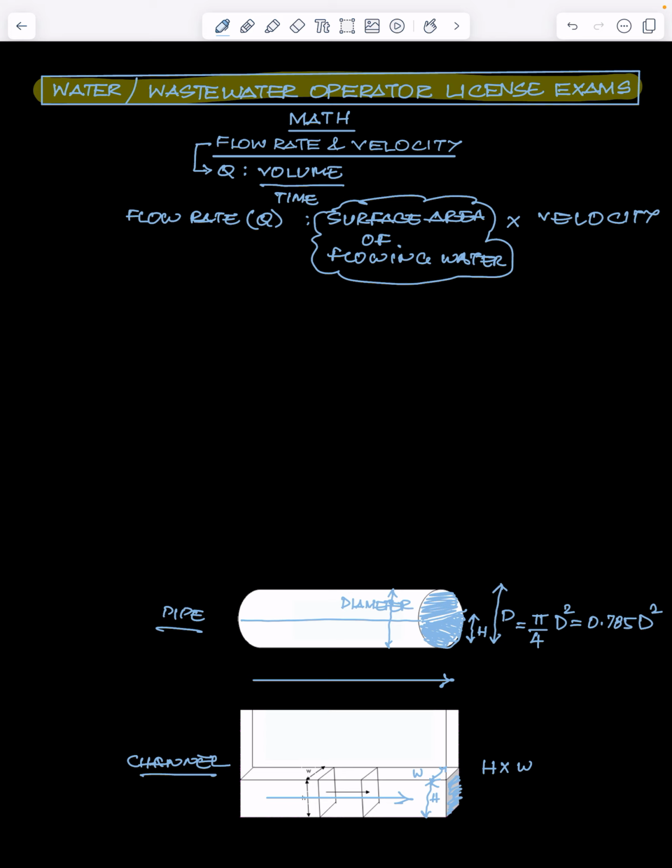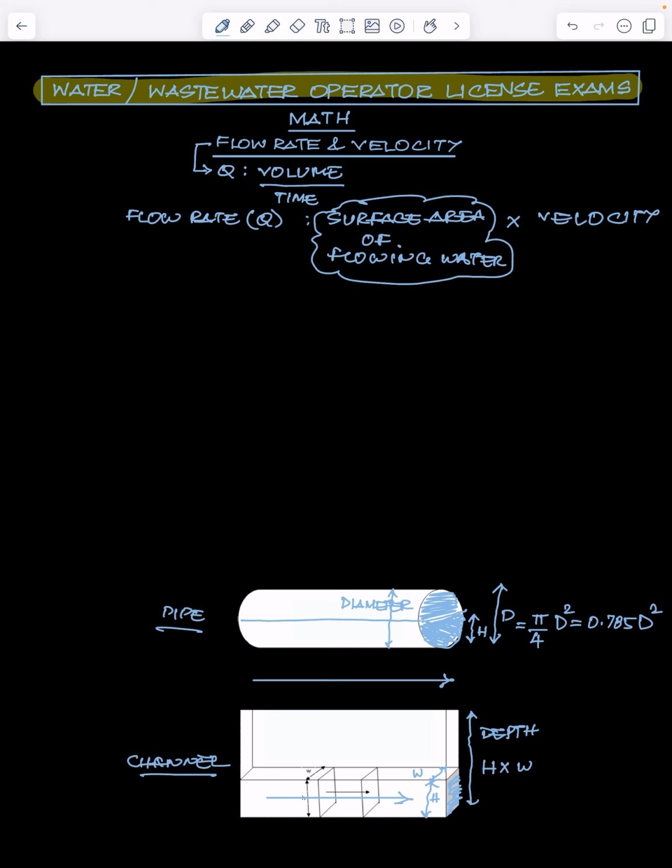And one more thing, specifically in the case of the channel, if this is the depth of the channel, the flow rate calculation does not involve the depth of the channel, it only involves the height of the water that is flowing in the channel. So the depth of the channel is not part of the flow rate calculation.